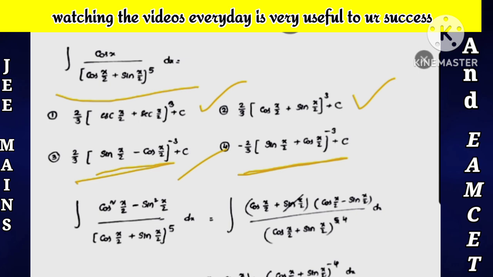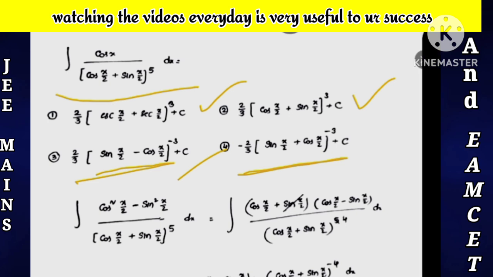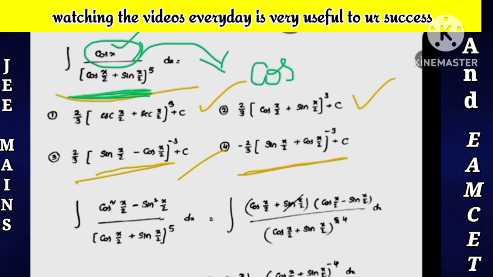Okay, let us start the solution. So first write the question here: integral of cos x by (cos x by 2 plus sin x by 2)^5. In the first step, I am writing the cos x formula here. These are the submultiple angles, x by 2, x by 2, and this is the cos x. So in the first step, simply convert cos x into the submultiple angle.